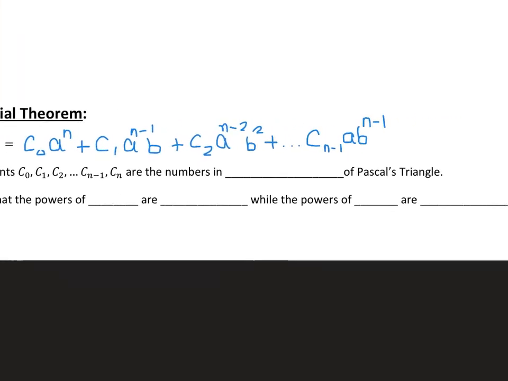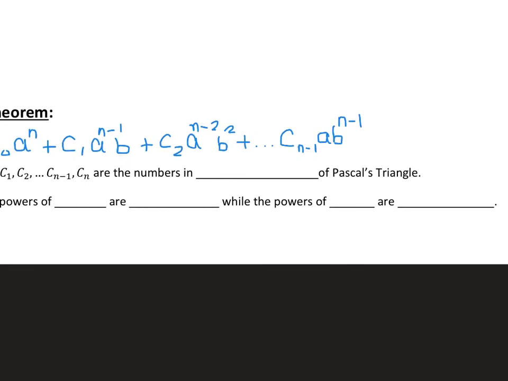And then the very last term, I need to move over here a little bit. The very last term is finally going to be c sub n, whatever that power is. Now that a term is gone. Okay, the second last term, it was a to the 1. Now we don't have a anymore. And the very last term is going to have b to the n.